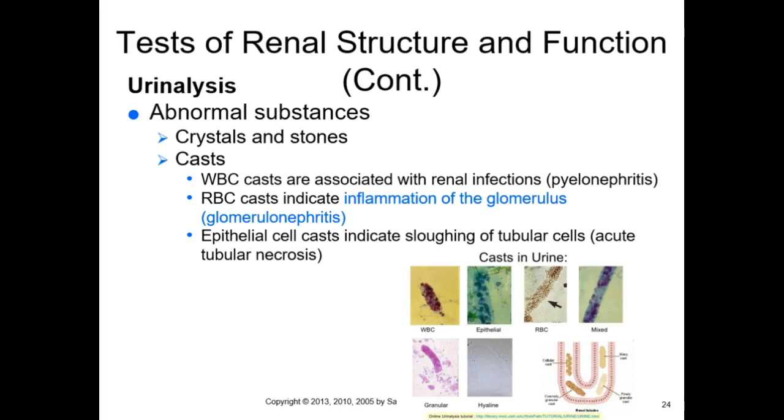Epithelial cell casts indicate sloughing of tubular cells. So those proximal convoluted tubules, remember those are simple cuboidal cells. They should be in the nephron. They should not be peeing out of the nephron. That means acute tubular necrosis. And as I understand it, that's mostly associated with certain forms of chemotherapy.